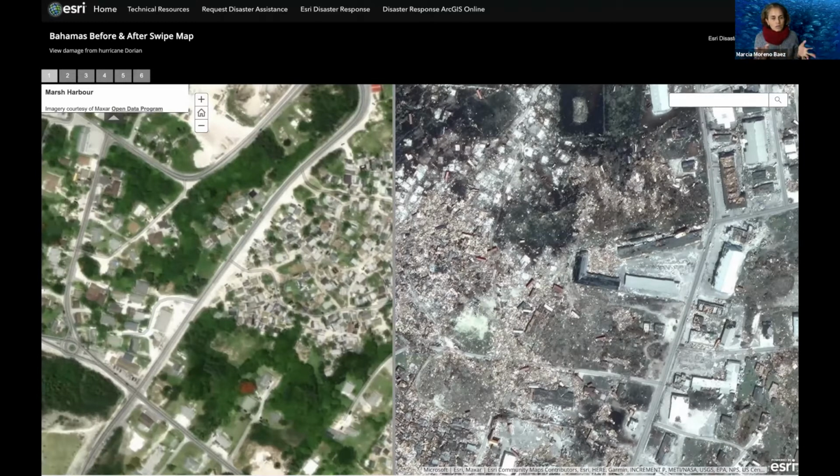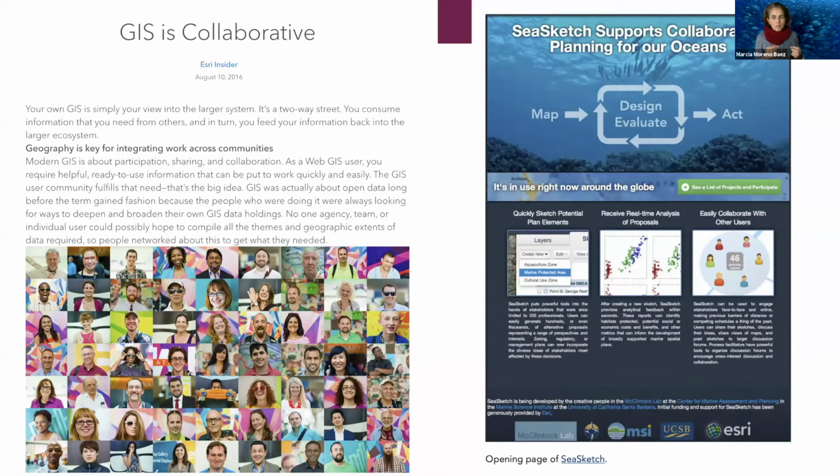These kind of tools are super important and powerful to help us understand the impact of different events, but also help decision makers to make better decisions. Also, GIS fosters collaboration, but most importantly, action. GIS can help us develop applications where people can engage and provide their opinions, information, expertise, and or different information that will help us make better decisions as well.